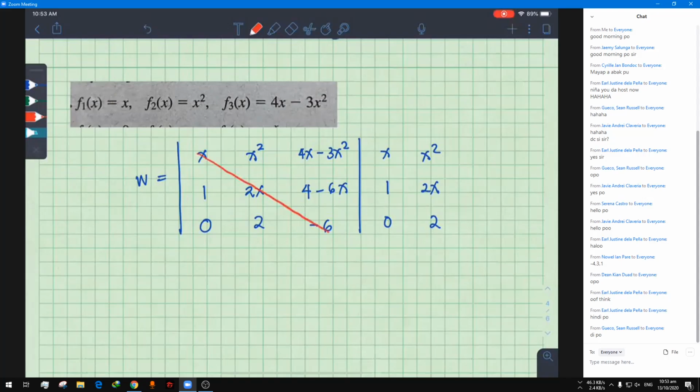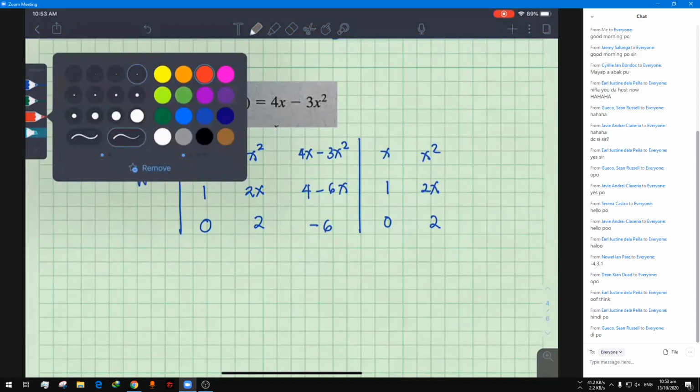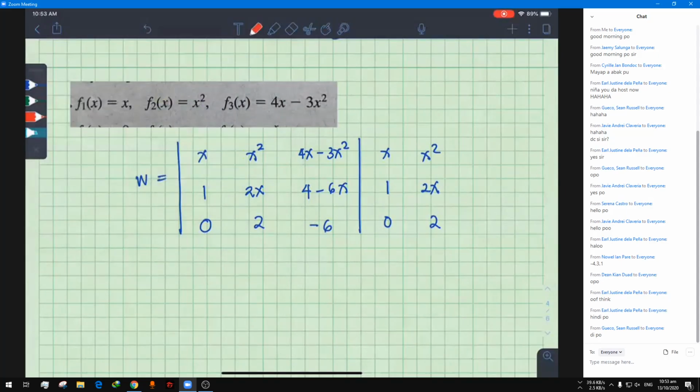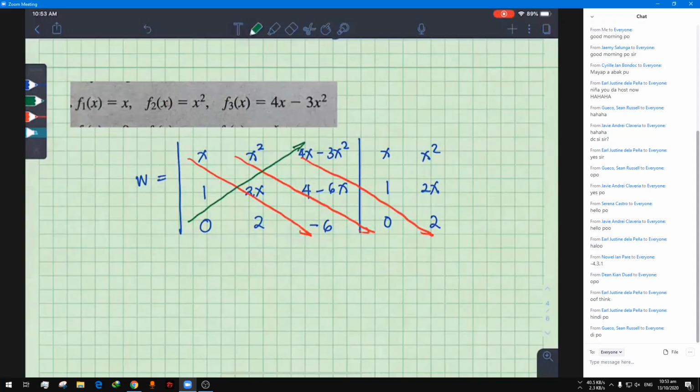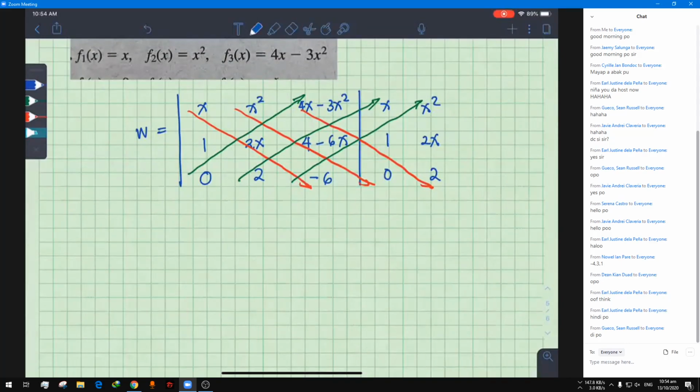Anyway, so ito siya niyan. Yung tatlo. Tapos yung sa taas naman. So ang gagawin natin would be W then would be sum of the products.